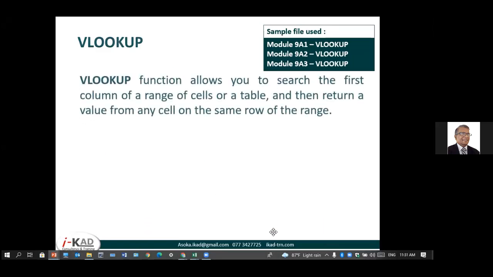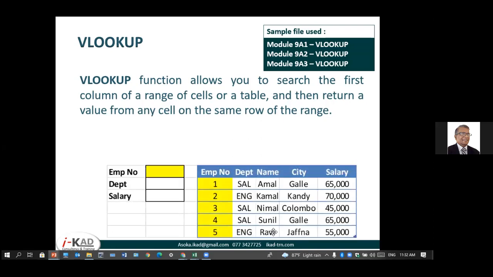Remember, it allows you to search the first column of a range of cells. Now, when you select a range of cells in your data list, it will search only the first column of the selection, not the second or third. So whatever is on the right side of the first column can be taken, not the ones on the left side. Remember that. Look at this. To do this, we have to have a common field in both places, which should not have duplicates in the table.